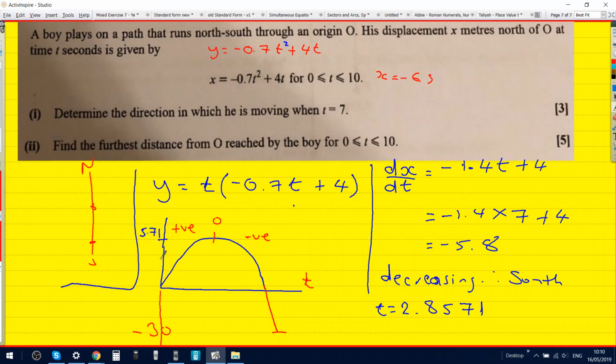And so the furthest distance from O is -30. Yeah. And so it's distance, so we'll just say 30. Yeah. So that's 30 meters.